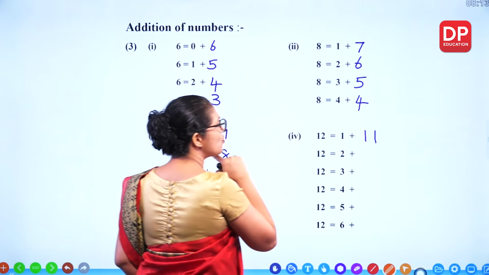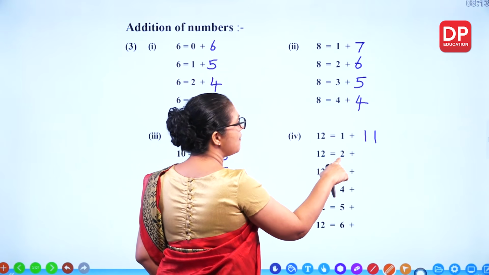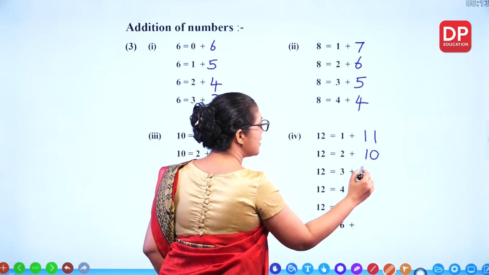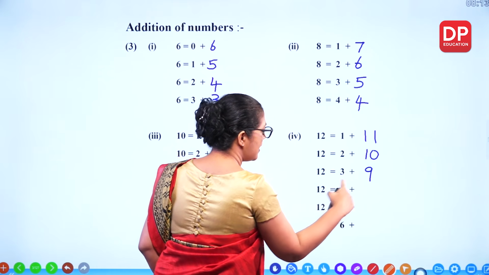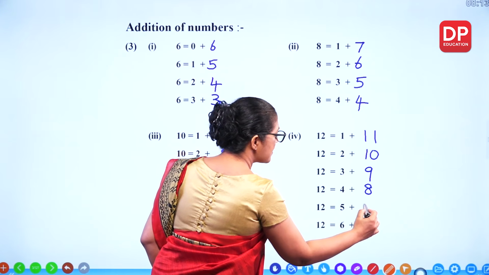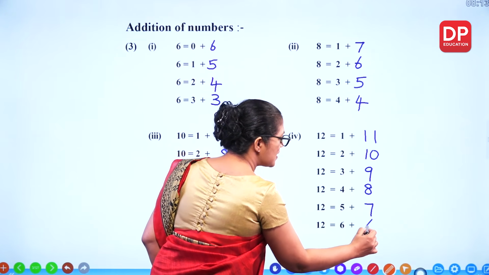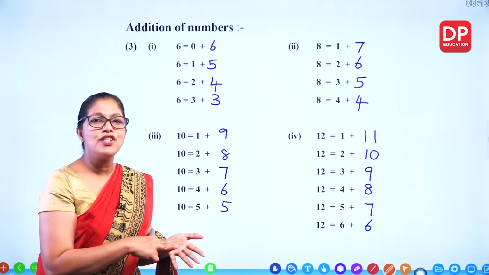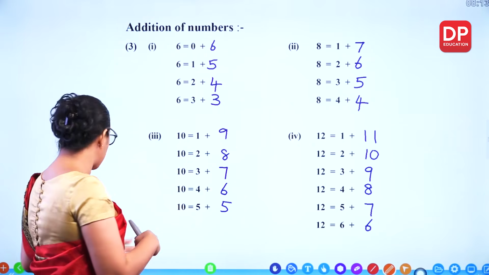Here you have to use 2-digit number there. 12 you can write 2 with 10. 3 with 9. 4 with 8. 5 with 7 and 6 with 6. So you can create numbers using addition of 2 numbers.